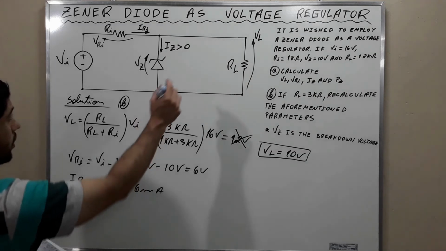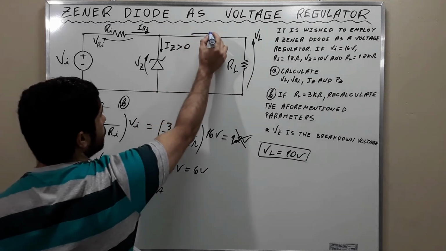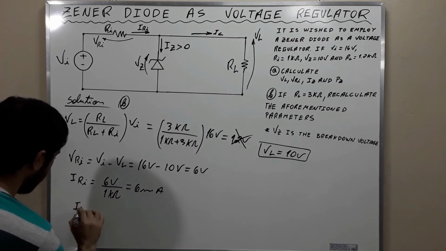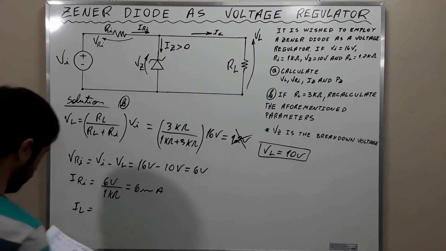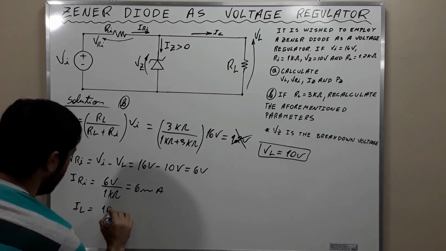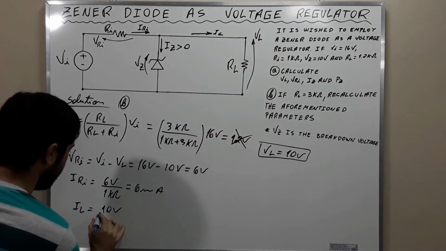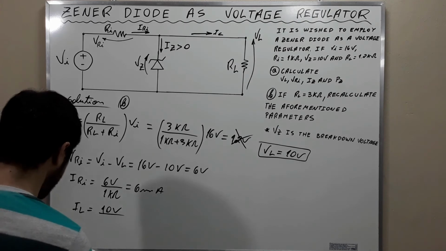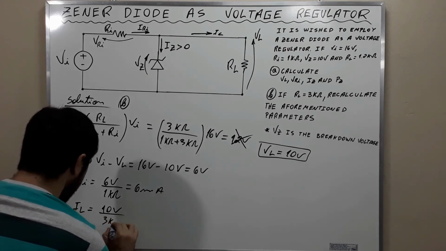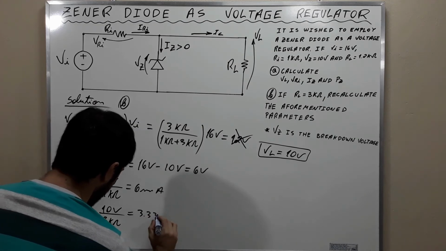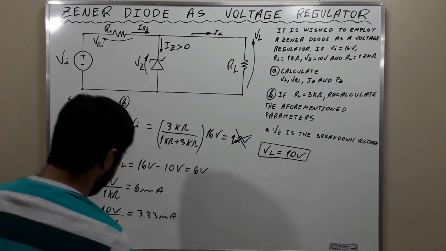And the load current, the current that goes to the load here, IL, will be equal to 10 volts, this voltage here, divided by the resistance of the load, 3 kilo ohms, which is equal to 3.33 milliamperes.